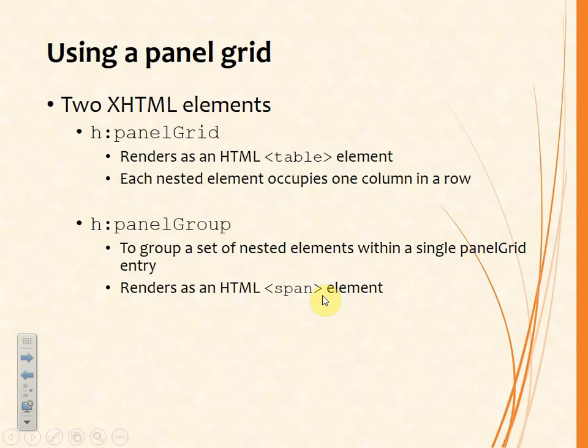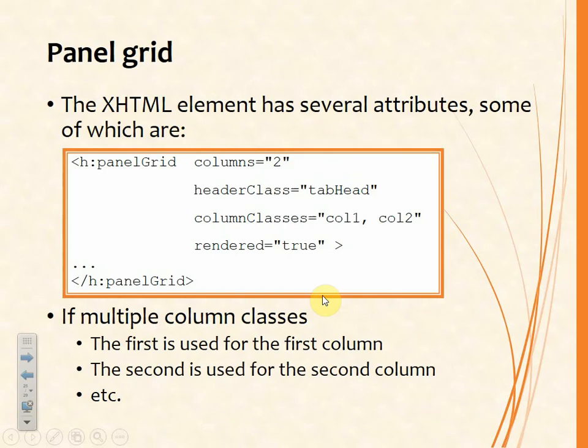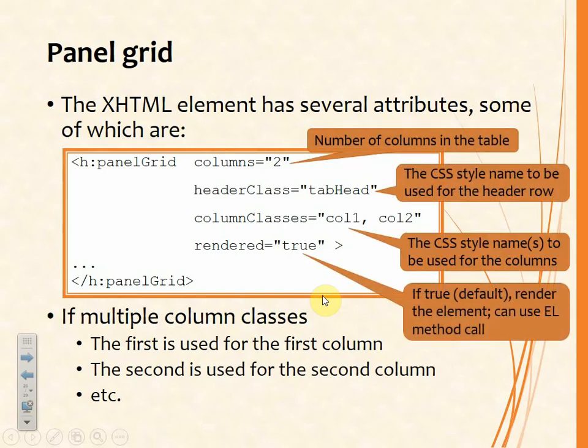Now, when we have components inside the panel grid, each component will occupy one column in a row, and they will be mapped in this way. First of all, when we define the panel grid element, we specify a number of attributes. Columns will tell the renderer of this grid exactly how many columns to use.